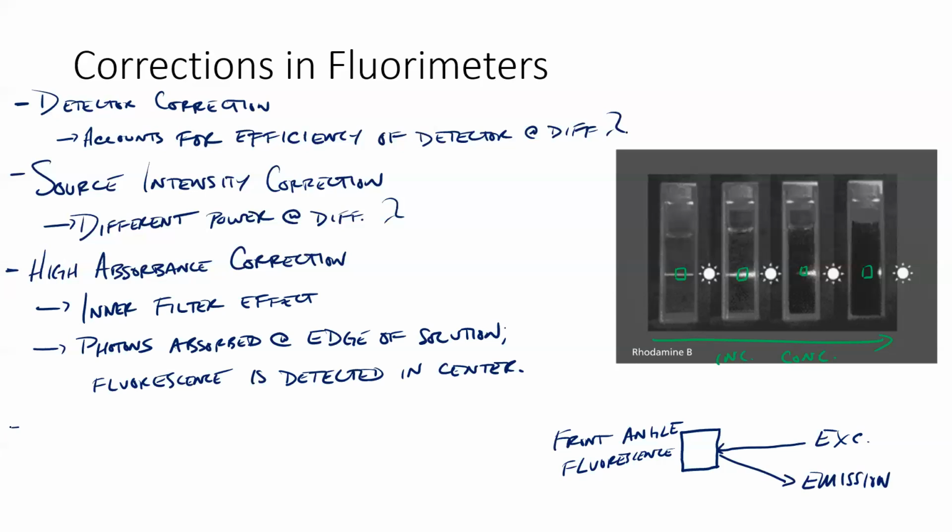The last one to talk about is photobleaching. And this happens when we have just a long enough lifetime that most of our molecules end up staying in the excited state.